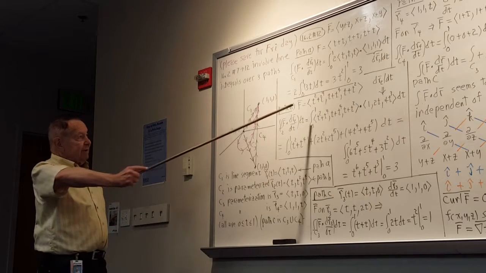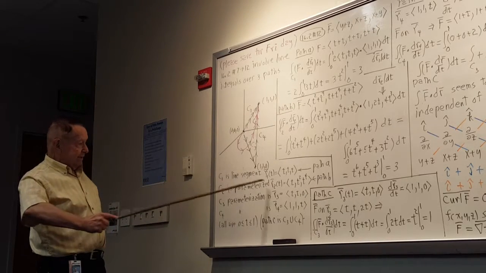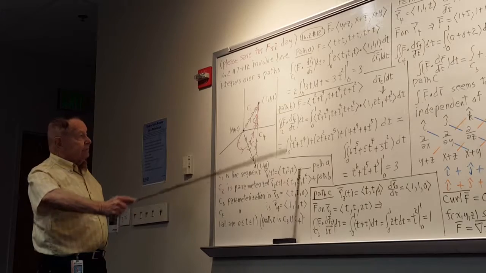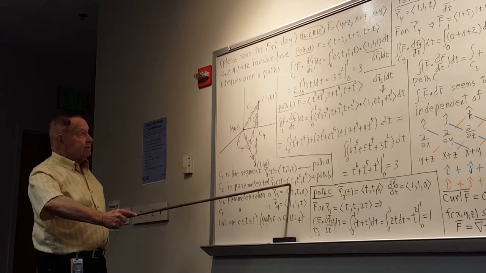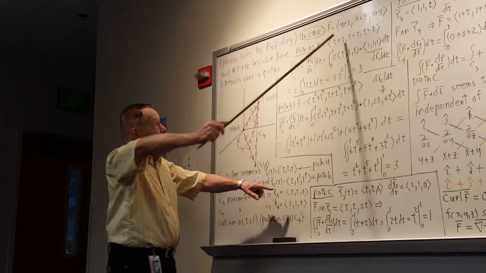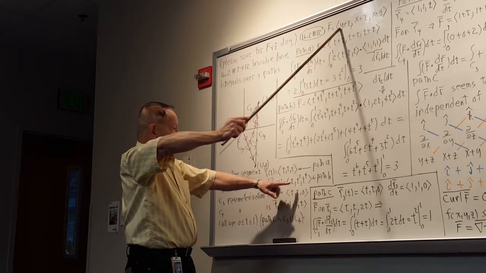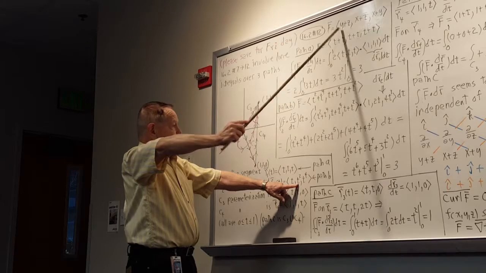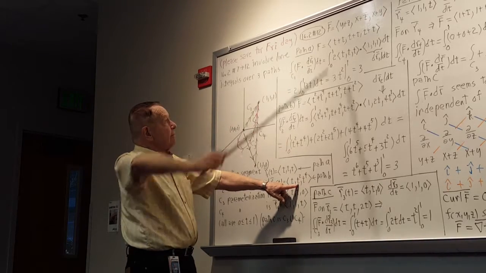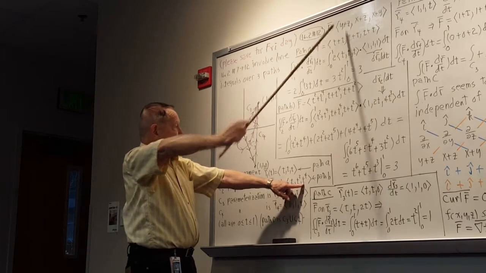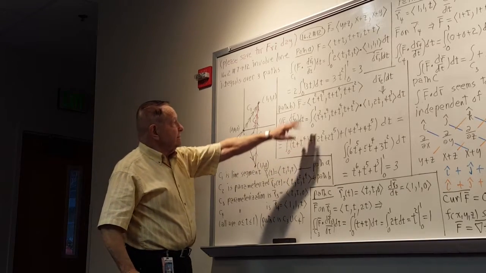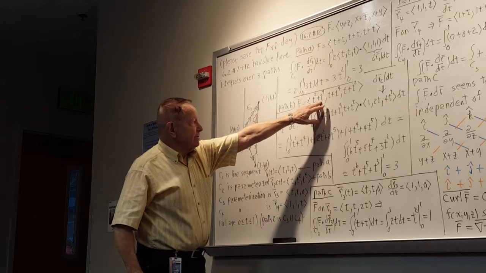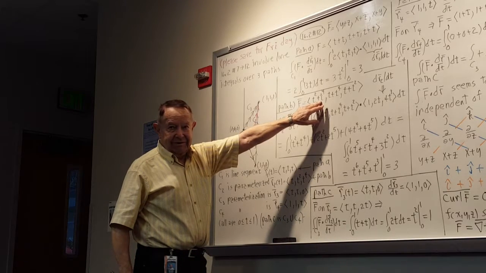Now, path B. Remember, you have this parameterization. So going back to your vector, your y is t squared, your z is t to the fourth. So that's how I get t squared plus t fourth.